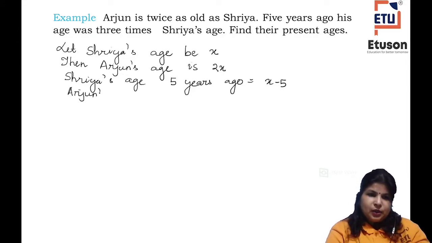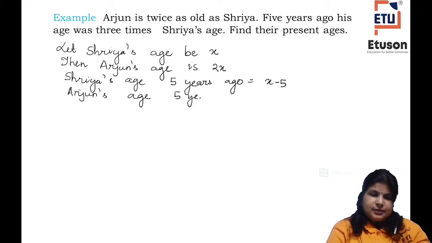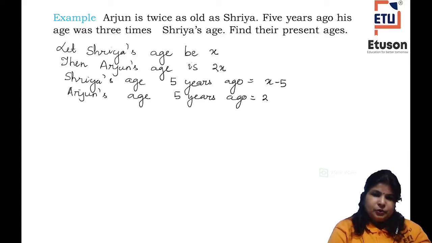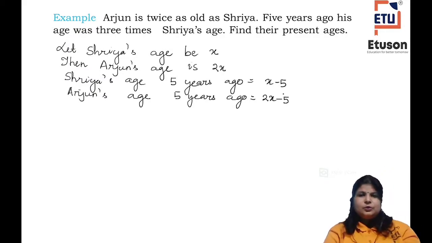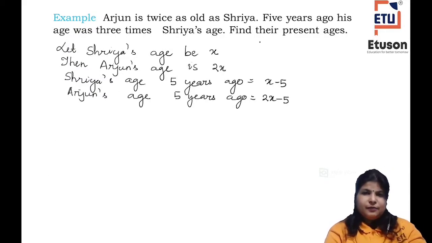So Arjun's age 5 years ago is 2x minus 5. According to the question, 5 years ago his age was 3 times Shriya's age.